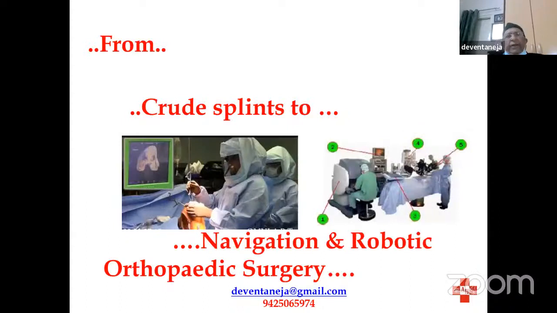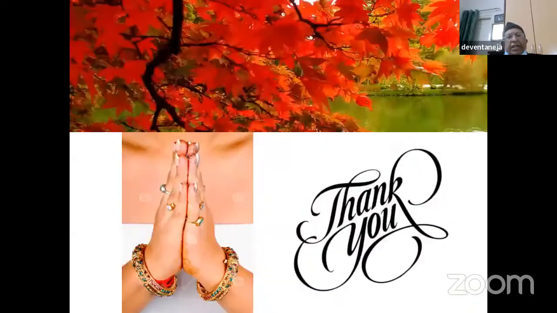So from very crude planes and crude artificial limbs and iron hand, we have now come to a very sophisticated practice of orthopedics, that is navigation and robotic orthopedic surgery. There is precision. You can do a total knee with robotic surgery. You can do a total hip with robotic surgery. You can do spine surgery.